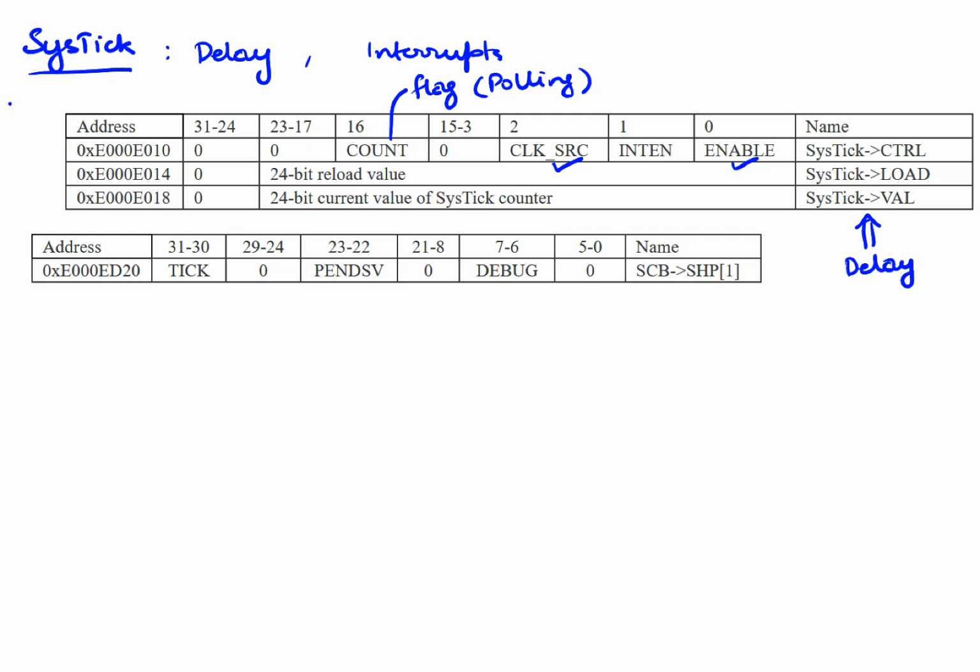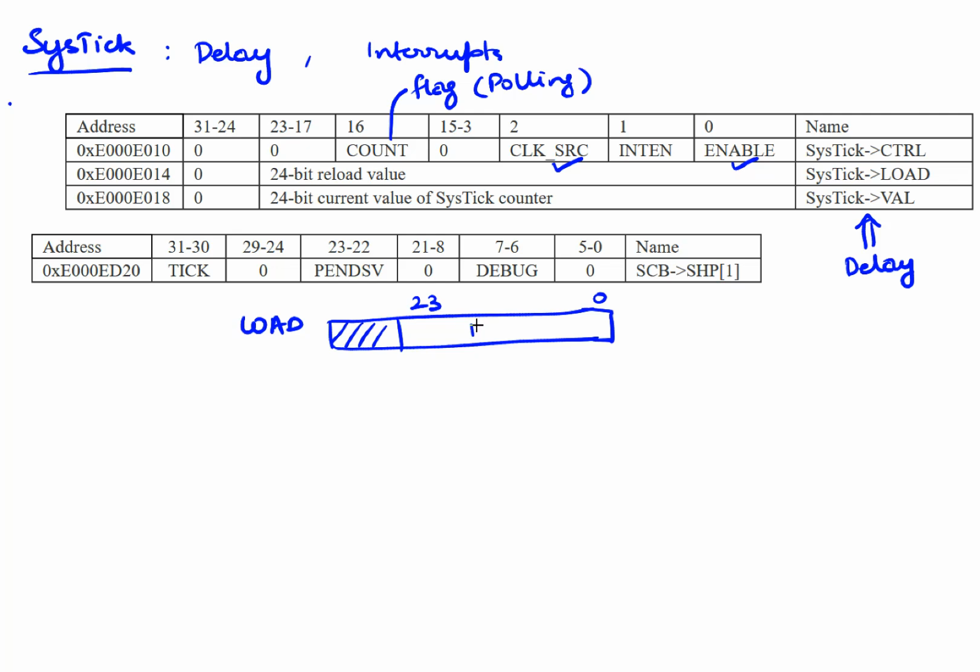So who sets that flag, hardware or software? The hardware sets the flag. And we know how that flag is set because that's where these two other registers come in. There's a load register, and the load register has a 24-bit value in it. It has a load value, whatever we want to call our repeat value, reload value or initial value.